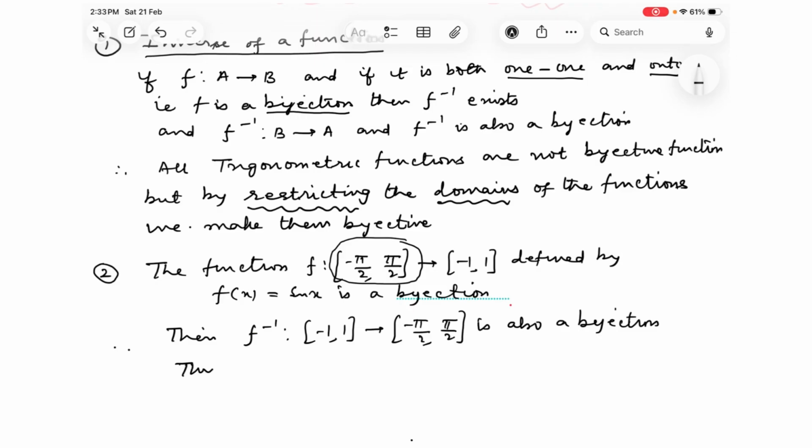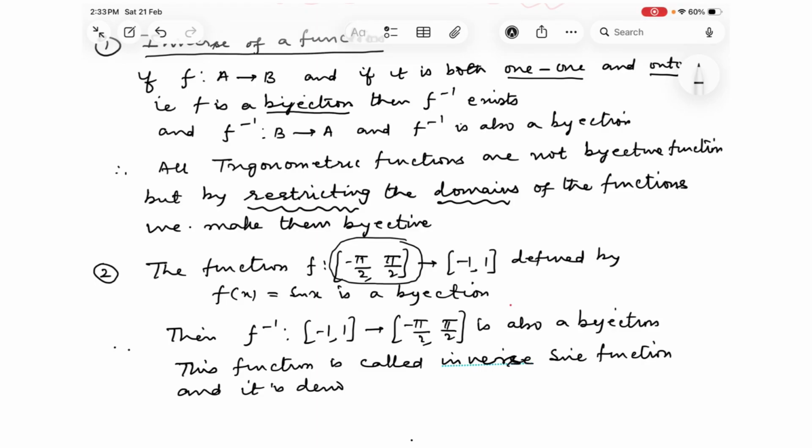Now this function is called the inverse sine function, and it is denoted by sine inverse x, or sometimes we write arc sin x.